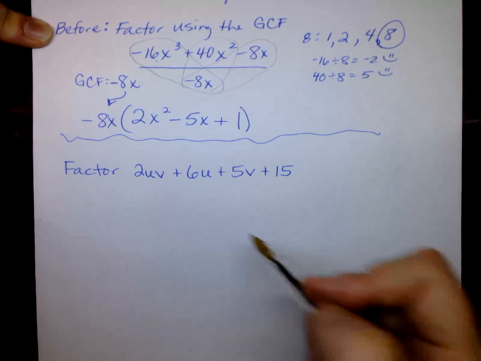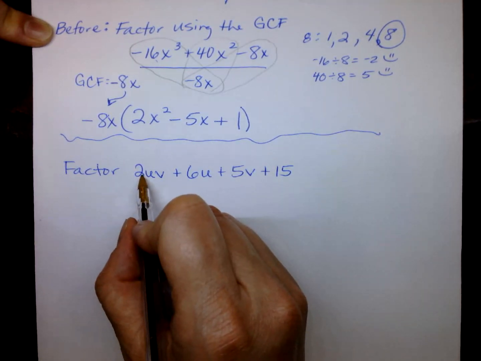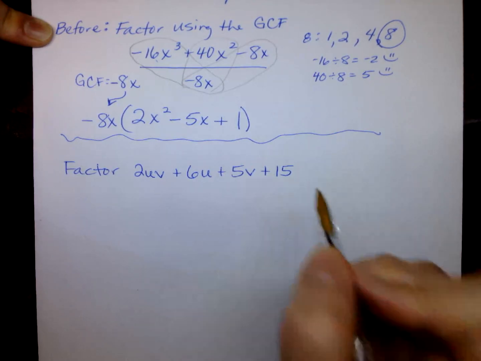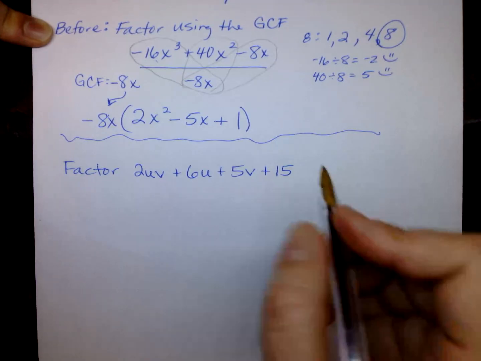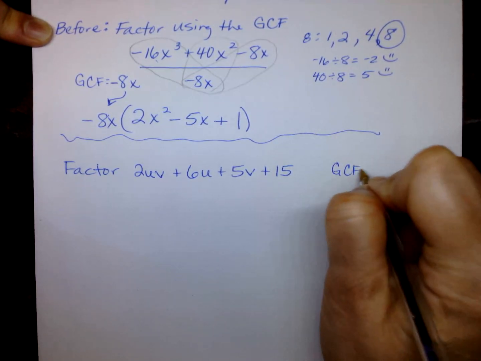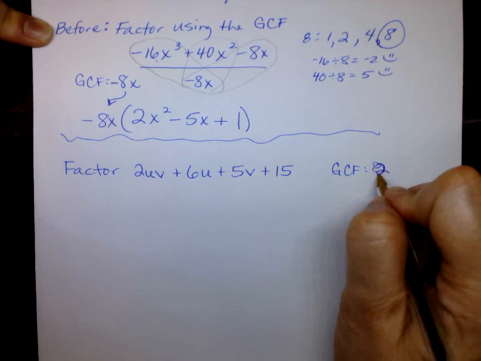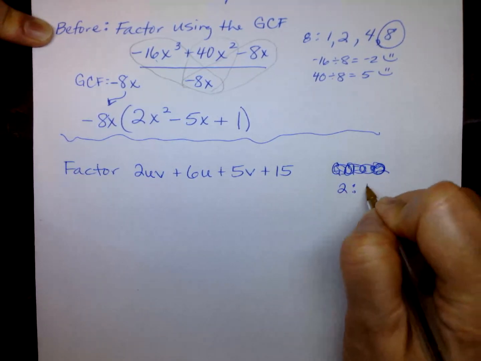What else is different? Well, let's look at a GCF. I see in the numbers, I have a 2, a 6, a 5, and a 15. Those numbers don't have anything in common. I can tell right away because if I look at the smallest number up there, it's 2. Sorry, if I want to look at just factors of 2, what are the factors of 2?